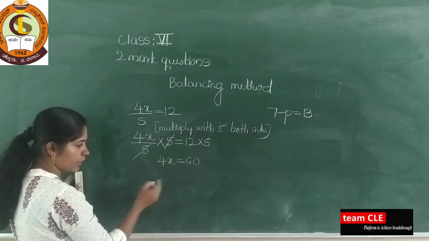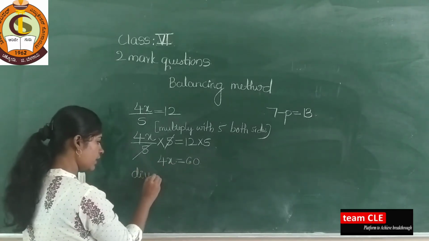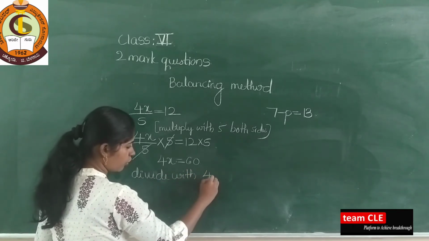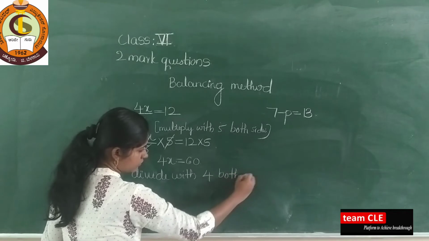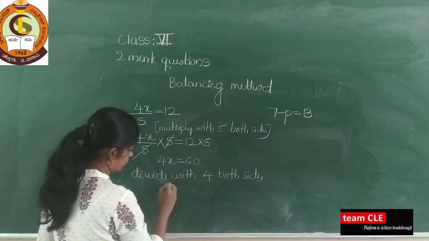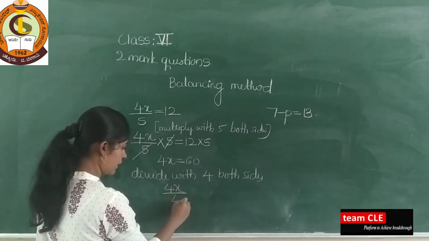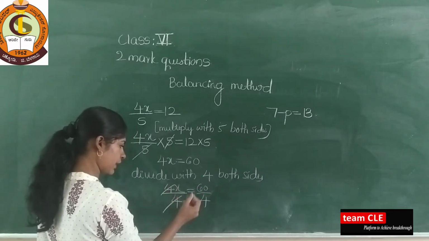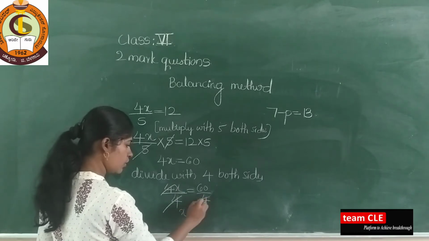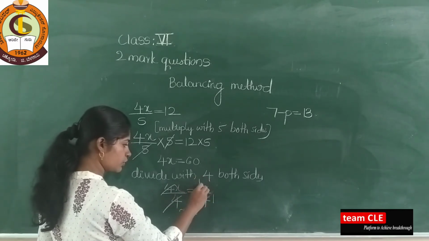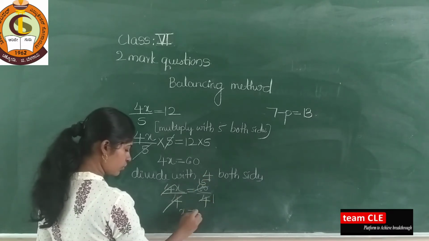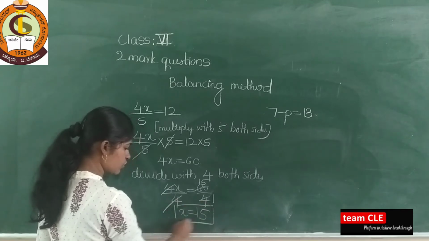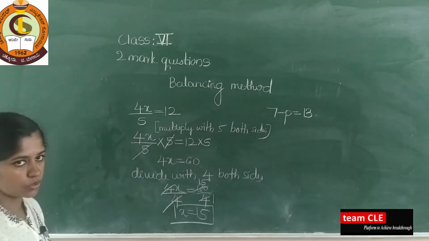Again here 4 into x is there. So what we have to do here? Divide with 4 both sides. So divide 4x by 4, 60 by 4. This 4 cancels. Take x is equal to 4 1s are 4, 2 remain, and 20, it's 5. So x is equal to 15. So the solution of the equation is x is equal to 15.